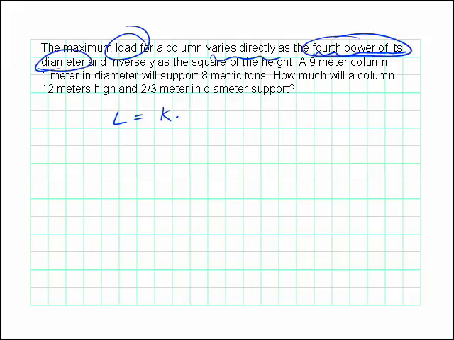The 4th power of the diameter, so that's going to be d to the 4th. And inversely, so it's 2. This is called joint variation. The book called it joint variation. So, and inversely, so it's going to also be divided by the square of the height. So that's h squared. This is the equation we have to work with.